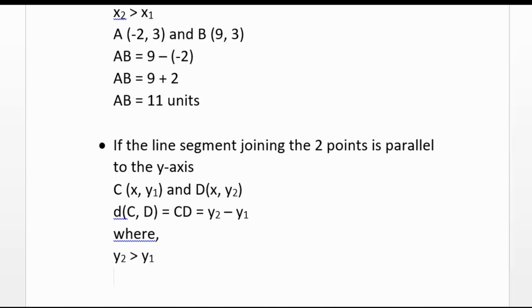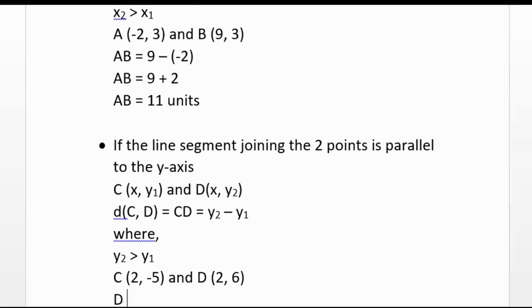Now let us consider an explicit example. Let's consider point C, whose coordinates are, let's say, (2, -5), and point D, whose coordinates are (2, 6). Okay, so as we observe that the x coordinate of both the points C and D is the same, the line segment joining the 2 points is parallel to the y-axis.